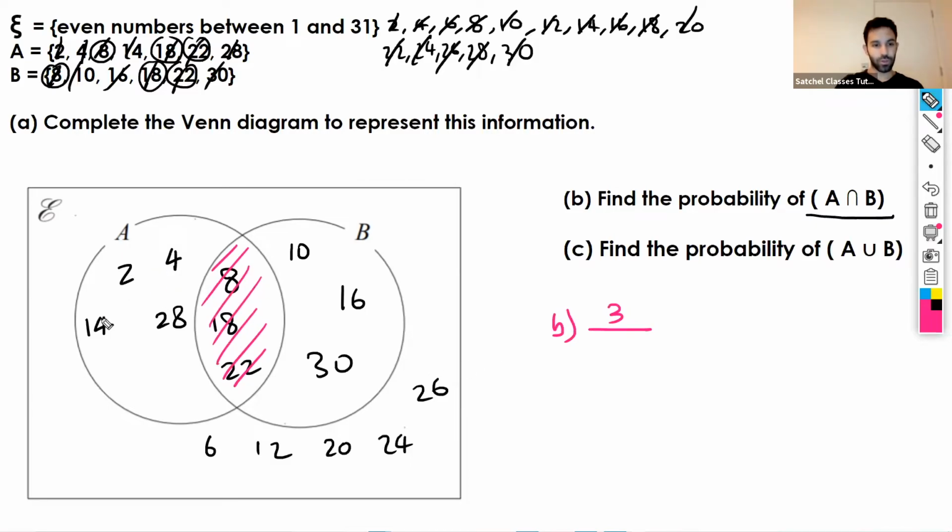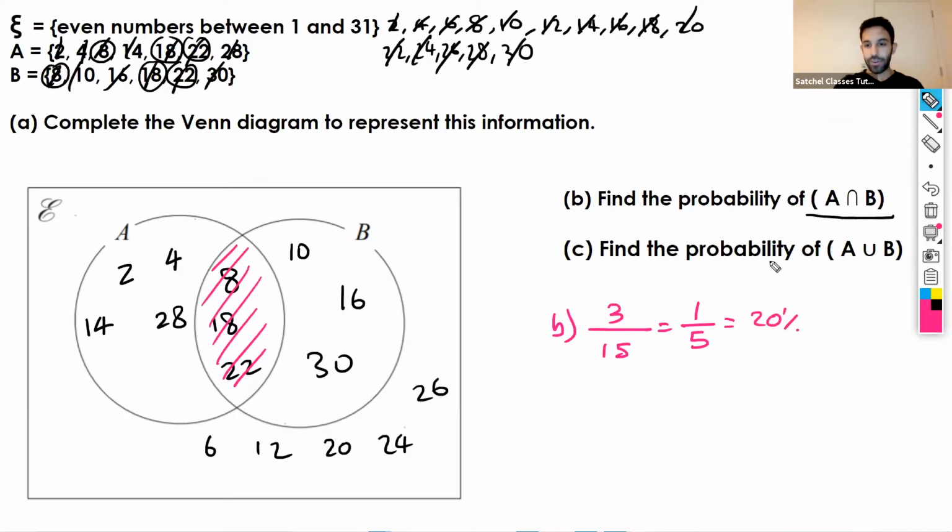We've got 1, 2, 3, 4, 5, 6, 7, 8, 9, 10, 11, 12, 13, 14, 15. 3 out of 15, which simplifies to 1 over 5. So the probability of a number being chosen from the intersection of A and B is 1 over 5, which is the same as 20%.